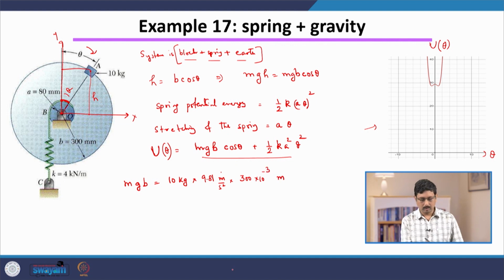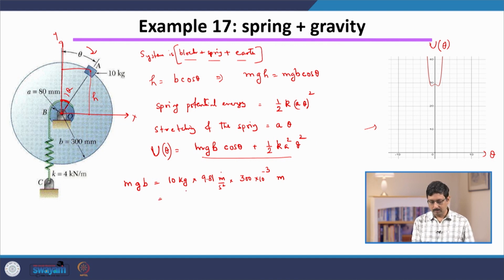And I also highlight these units deliberately. So, what should be the unit of this quantity mgb? You expect it has a dimension of energy, so the unit should be joule in SI, and you can verify that if you make this product, the unit is indeed joule.